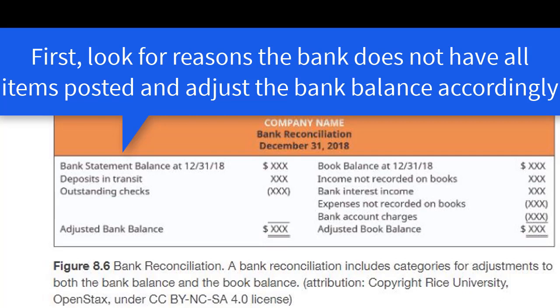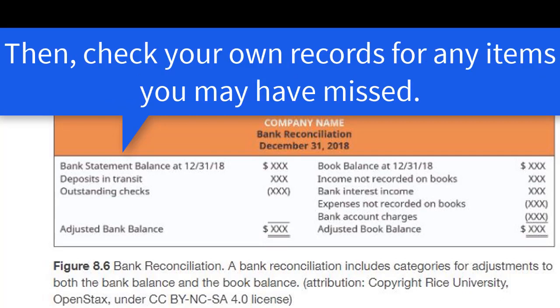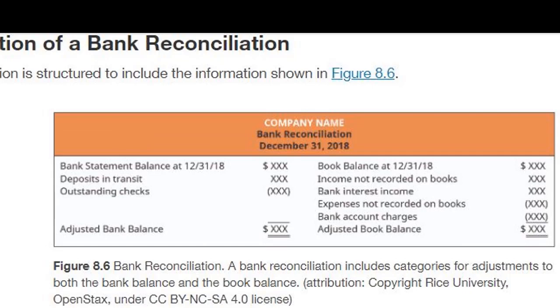Let the bank know that they failed to post it and adjust the bank balance accordingly. As for you, look for your own errors that you made. Maybe you recorded something incorrectly. In the case of these 4 examples, you just forgot to record increases or decreases in cash. Record them now. Better late than never.